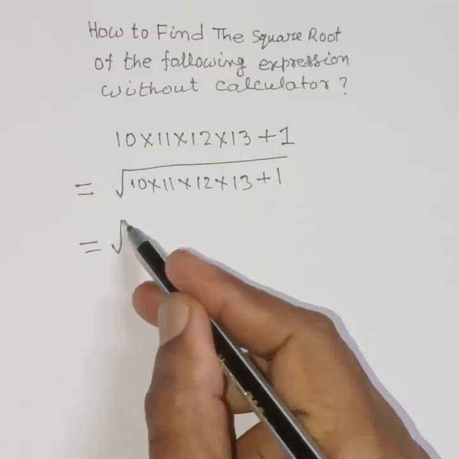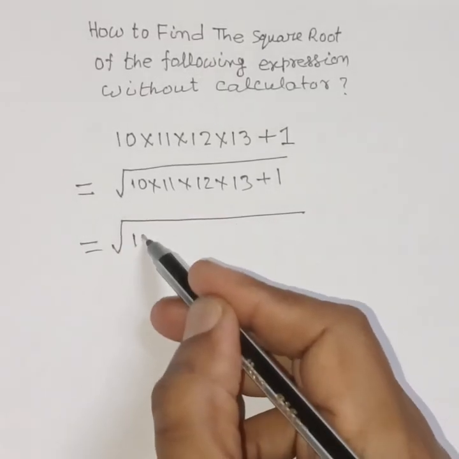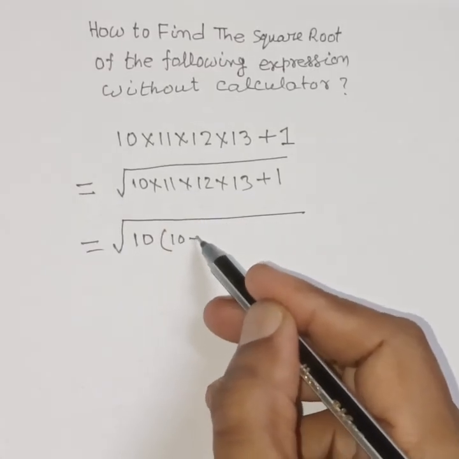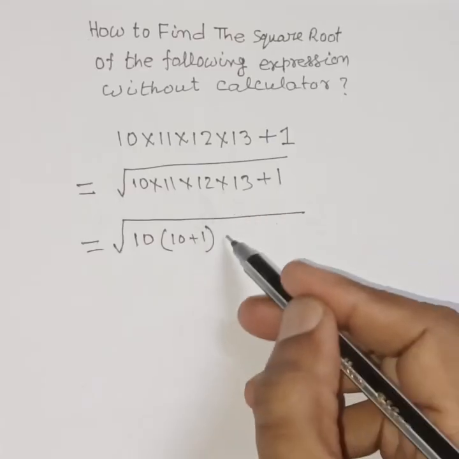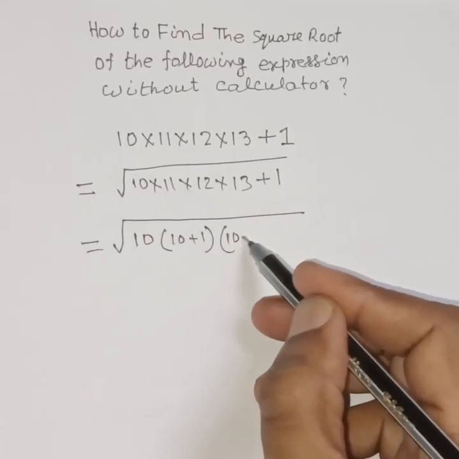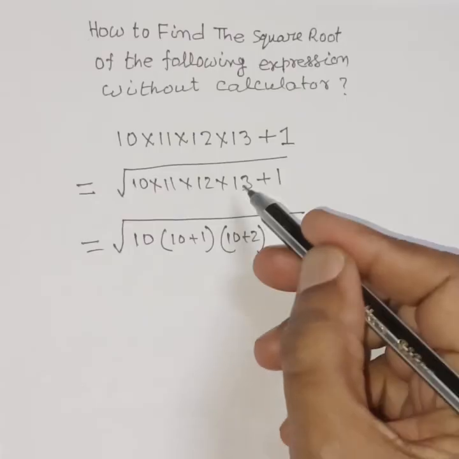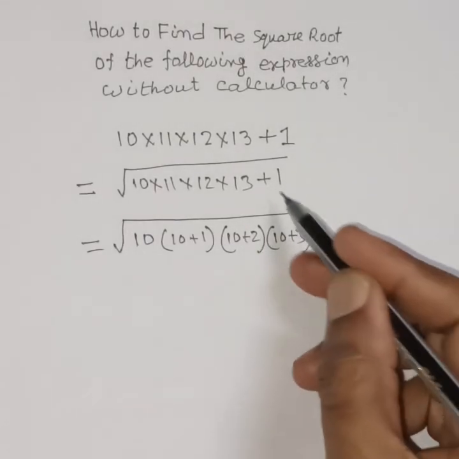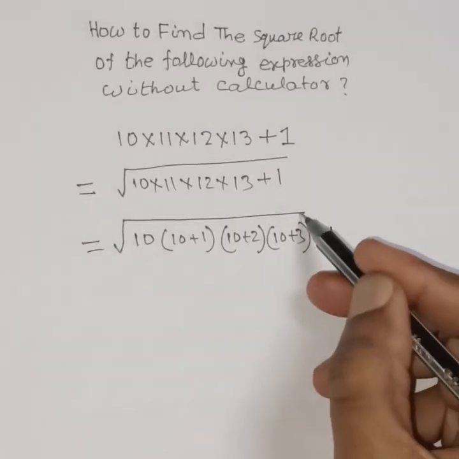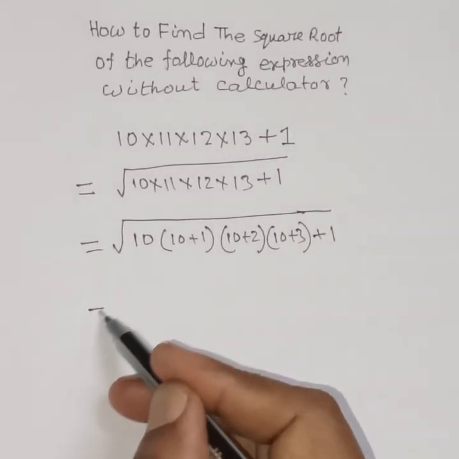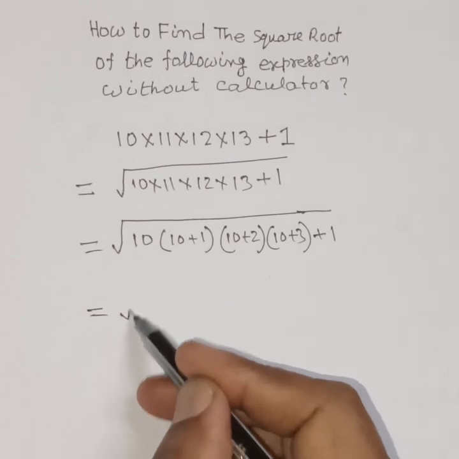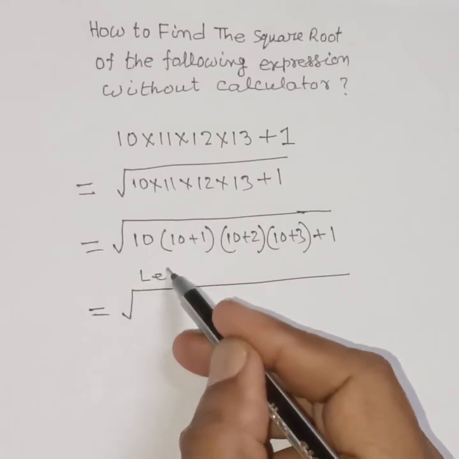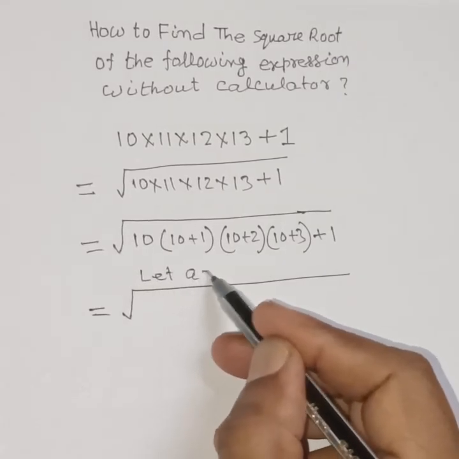Square root of 10 into 11 is 10 plus 1, 12 is 10 plus 2, 13 is 10 plus 3, plus 1, is equal to square root of, let a is equal to 10.